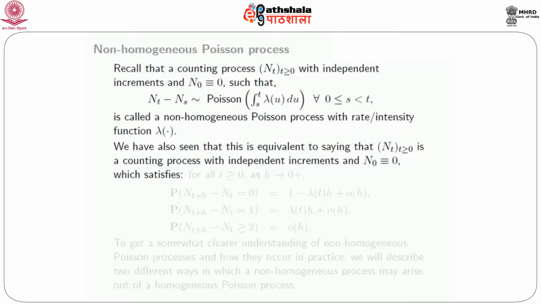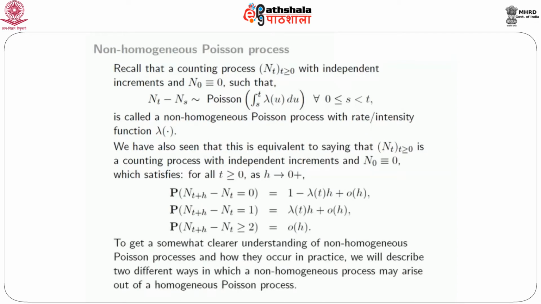Now, to get a somewhat clearer understanding of non-homogeneous Poisson processes and how they actually occur in practice, because we have by now a somewhat clear picture of homogeneous Poisson processes, how they occur through exponential waiting times, etc., let's try to see how they actually may occur in practice.